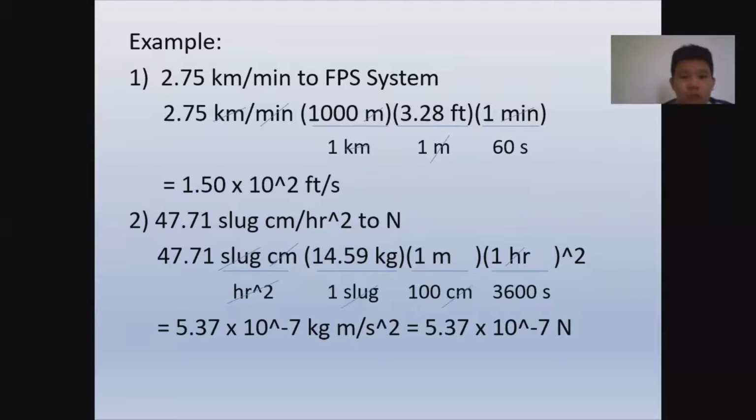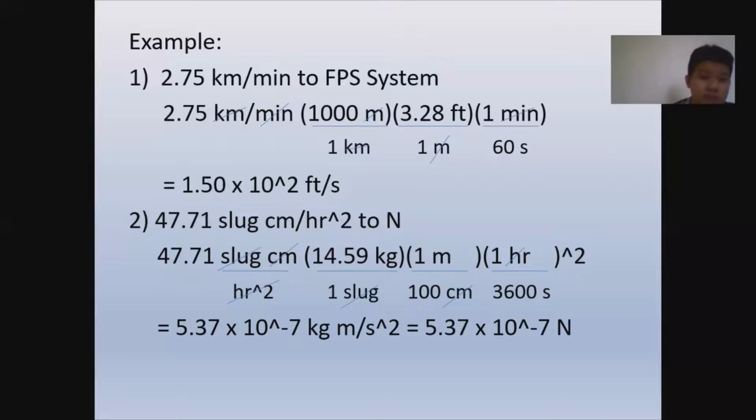First, you need to change the kilometer to meter, and then meter we change to feet, because in FPS the distance is feet, and minute we change to second, because in FPS the time is second. So we got the answer: 1.50 times 10 to the power of 2 feet per second.